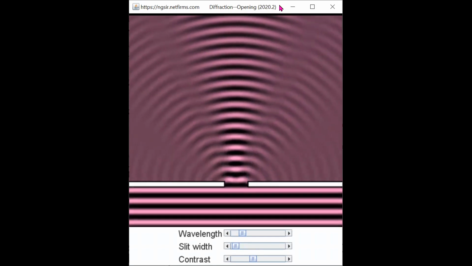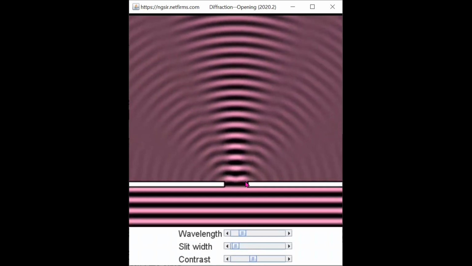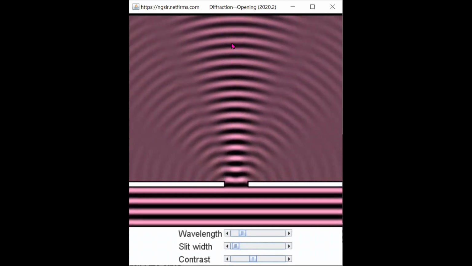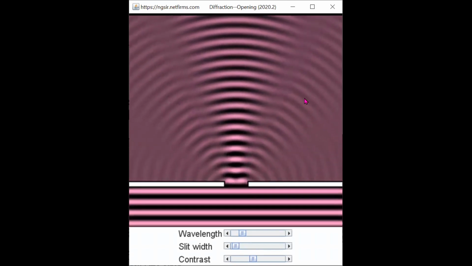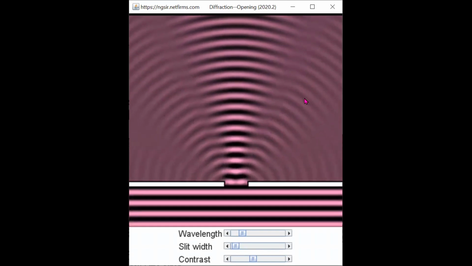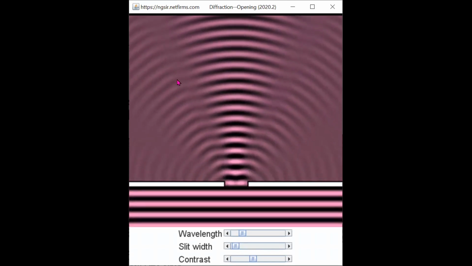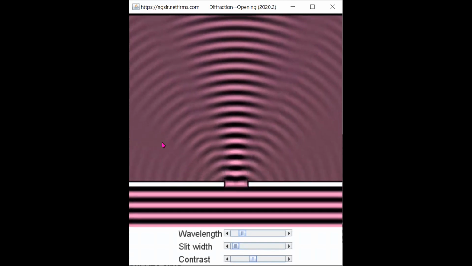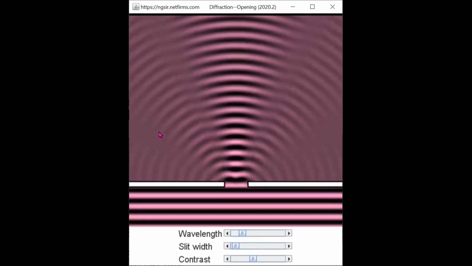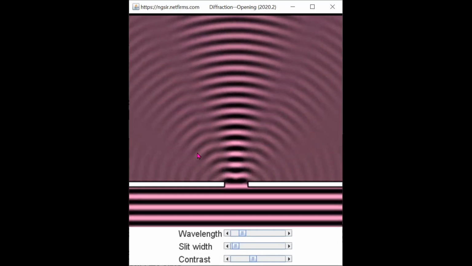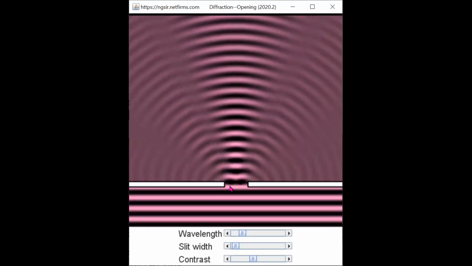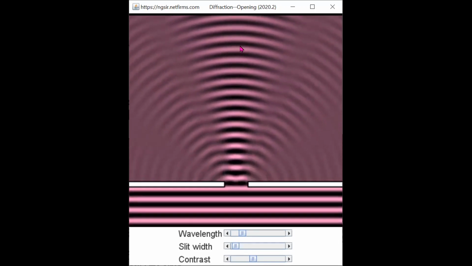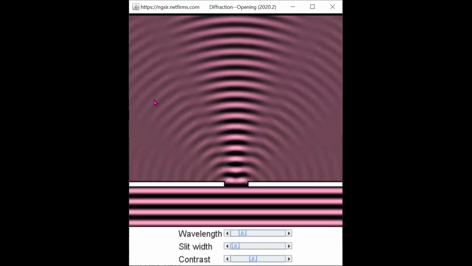And as they experience a slit opening, there is not the geometric shadow, but to the left and the right of the opening, that is a geometric shadow area. But one observes that there is constructive and destructive interference in the geometric shadow area. So that means that waves have to bend around these edges of the opening. Another thing you should note is that the central max is definitely brighter than the so-called secondaries.